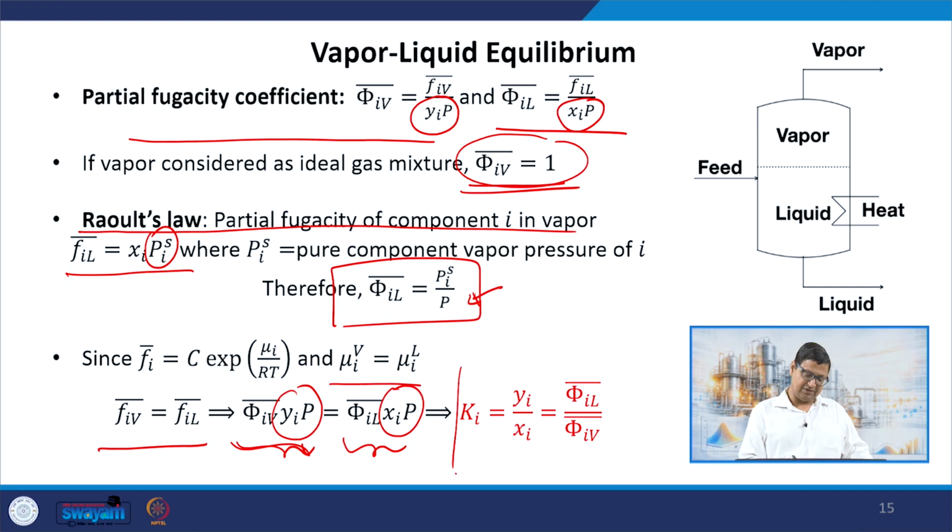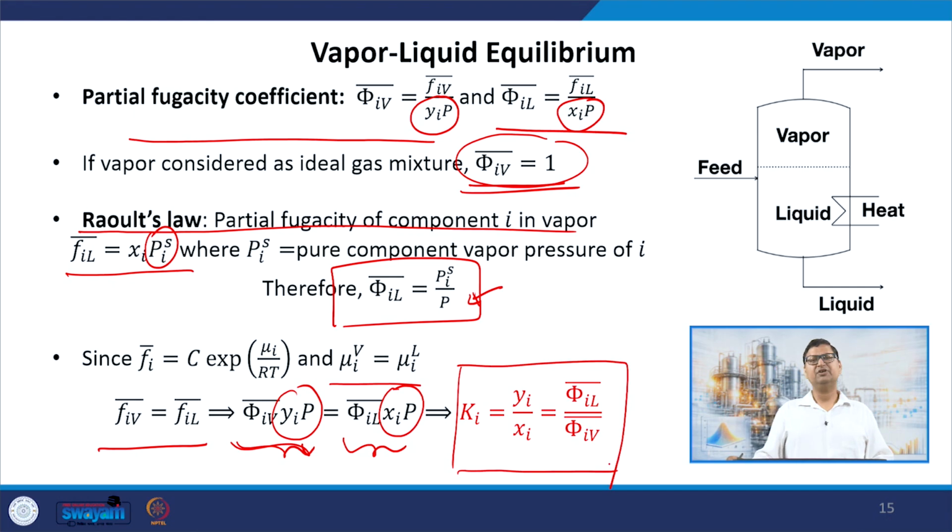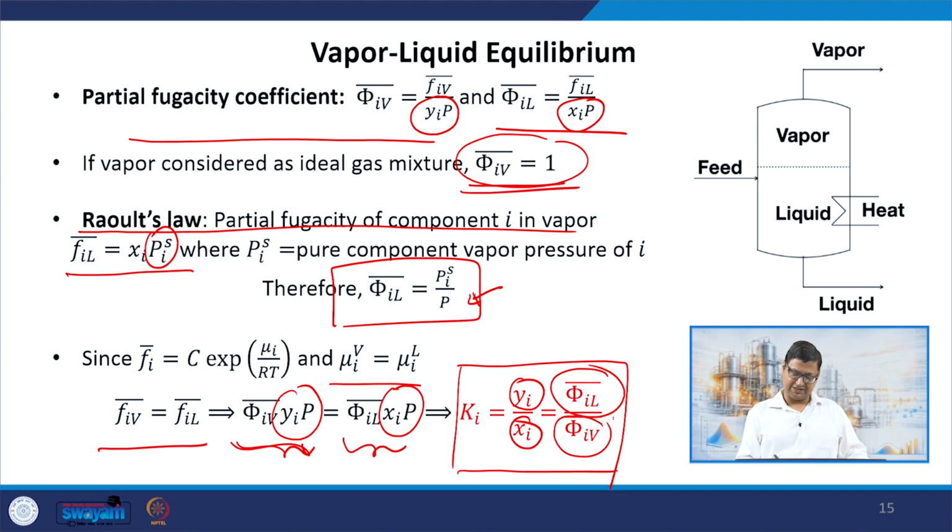By doing that, we can get a quantity Ki, that is the ratio of the vapor phase mole fraction yi and the liquid phase mole fraction xi, in terms of the partial fugacity coefficient of the liquid and the partial fugacity coefficient of the vapor, which has to come from the equation of state. So, it is a shortcut way of writing it, but keep in mind that this particular quantity has to come from the equation of state.